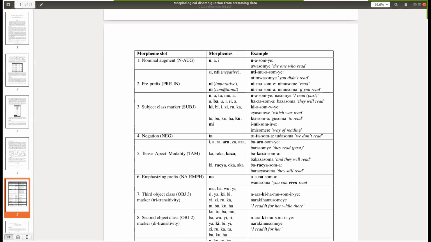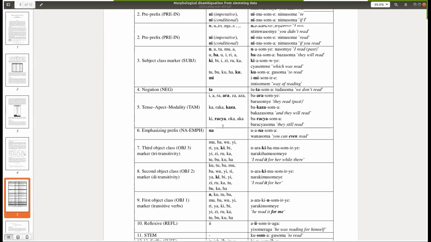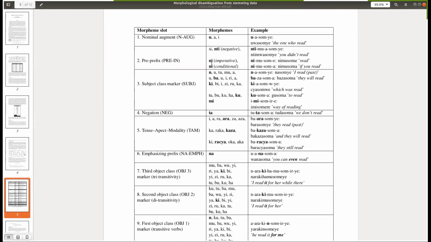This is conditional, meaning if. So nimusome, imperative. Nimusoma, conditional, if. So morphemes are not just different because of their spelling, they are different because of the function they play. So in some cases, you have the same morpheme with the same spelling, but having different meaning.